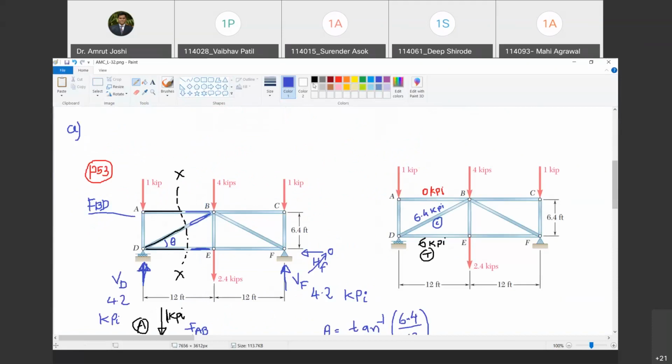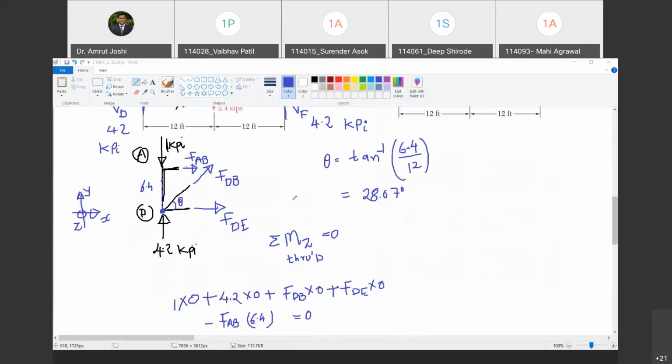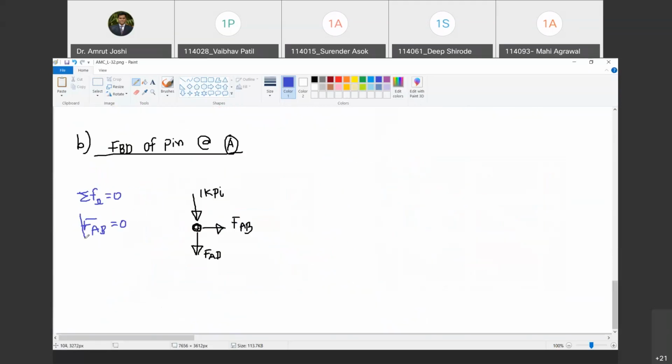Irrespective of which method you use, the answer is going to be the same. For given loading and given boundary conditions, the force in a member remains the same. Happy? Yes, sir. So we have got the answer to the first unknown.